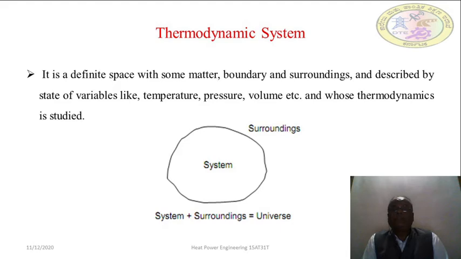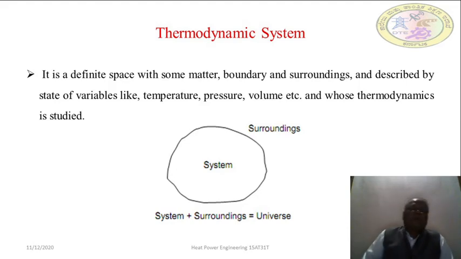The remaining concepts will be studied in detail in future classes. So it's a definite space with some matter, boundary, and surroundings, described by state variables like temperature, pressure, volume, etc., and whose thermodynamics is studied. This is the thermodynamic system.